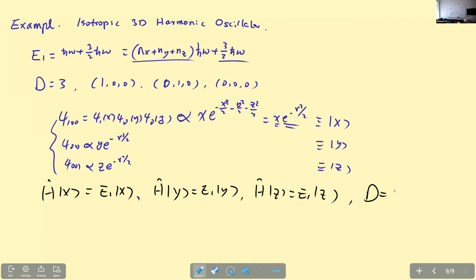That's degenerate. Well, how about Lz? So the question: do we have simultaneous eigenstates? And we can check this. That's very easy.